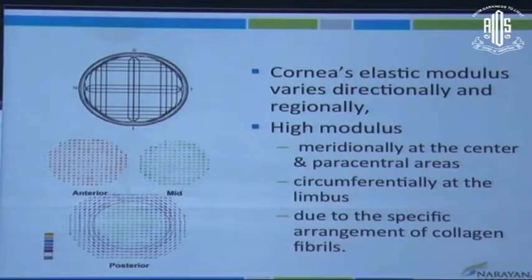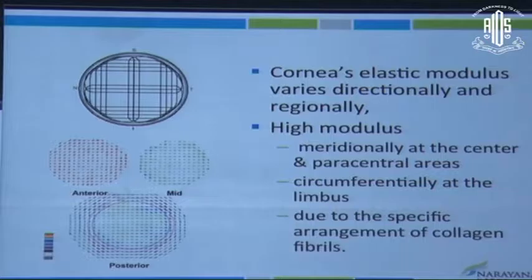The cornea is a little different. It has different elasticity in different zones of the cornea, different sides of the cornea, and different layers of the cornea. If you look at the surface of the cornea, radially, in the central and paracentral region, it has a very high modulus meridionally, whereas if you go near the limbus, it is high modulus in the circumferential manner.